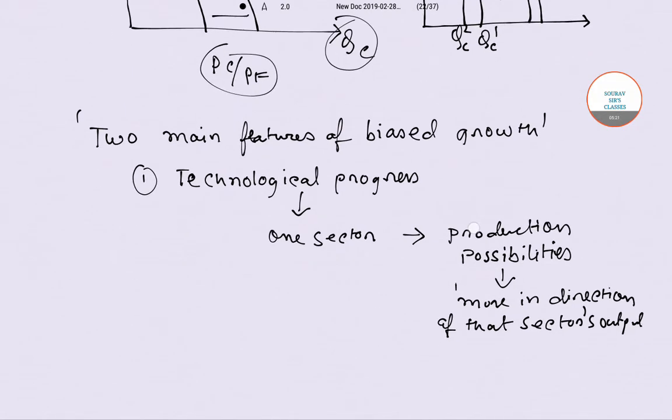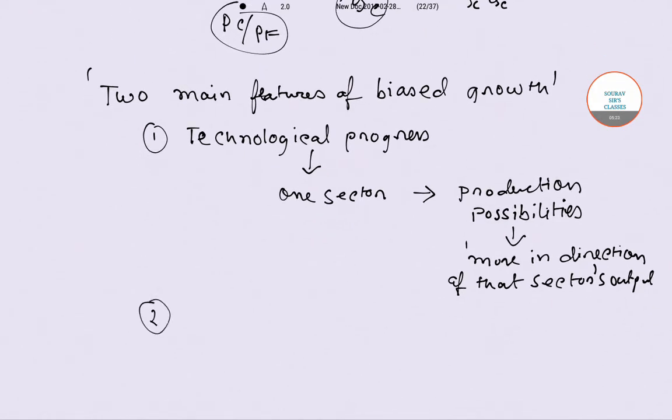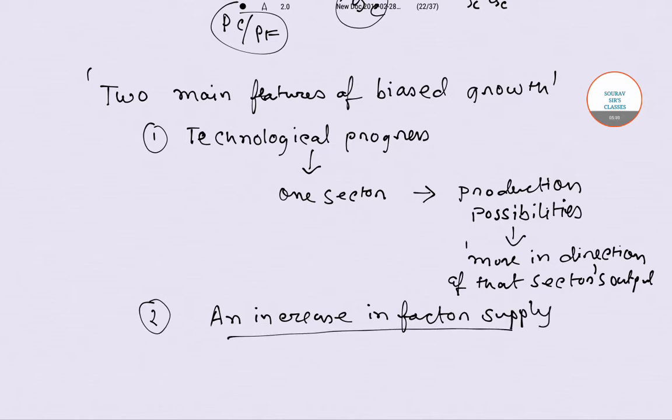The other reason, which is quite evident, is an increase in factor supply. What happens when there is an increase in factor supply?